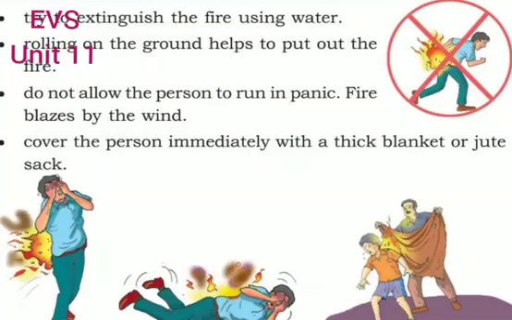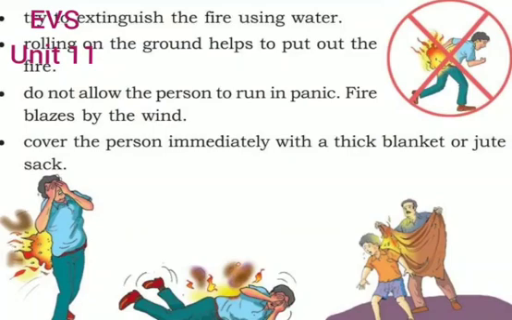Now what happens when a dress catches fire? Try to put off the fire using water. Roll on the ground and it will help to put out the fire. Do not allow the person to run in panic.